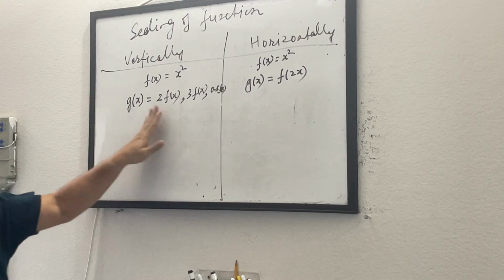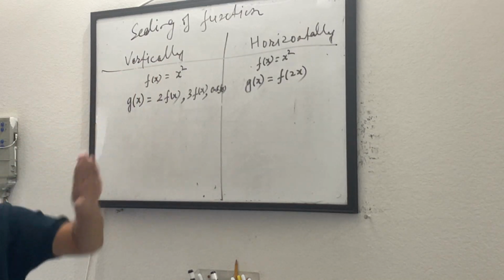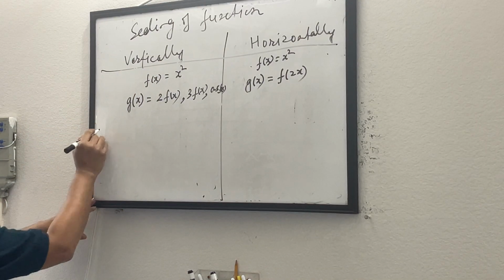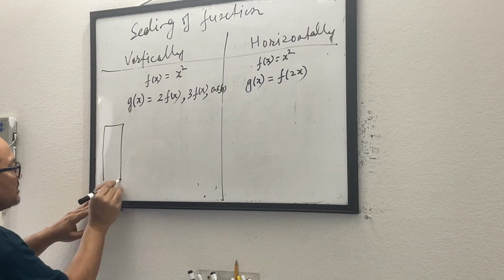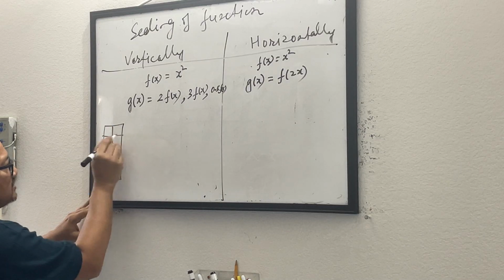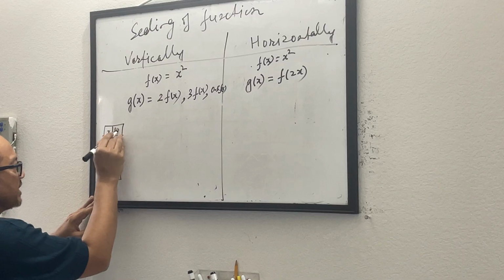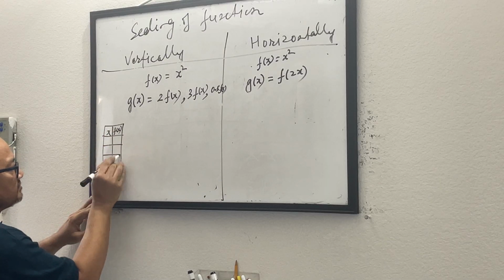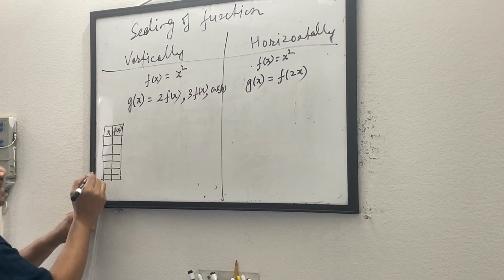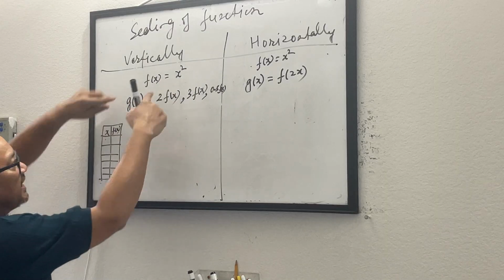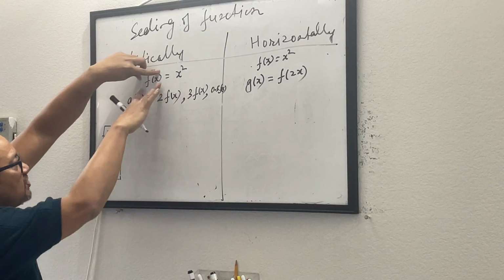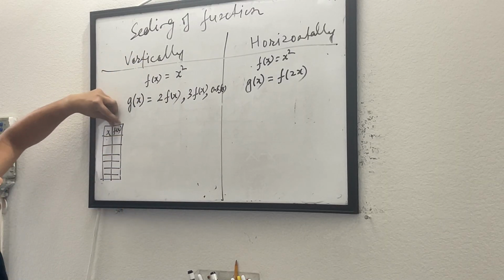Now let's look at this function, f(x) equal to x squared. For me, every function is nothing but a contract. Whatever f(x) is, is the output, so I'm trying to plot x and f(x).